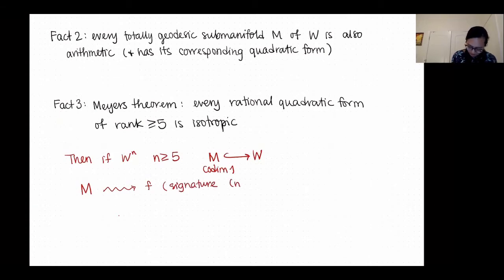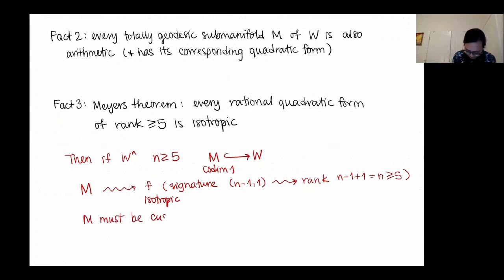(n minus 1, 1), which means that it's going to have rank n minus 1 plus 1, which is at least 5. So now, because of Meyer's theorem, that means that this is isotropic. So what it means is that M must be cusped.